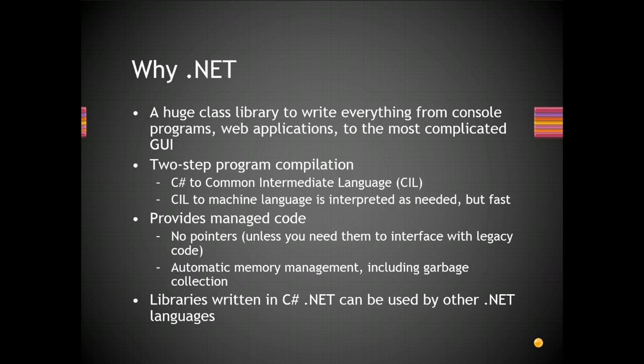Okay, so let's talk a little bit about .NET. .NET is what really makes the difference when we're talking about C Sharp at this point. It's a huge class library that can be used to write everything from console applications and web applications to the most complicated GUI applications.